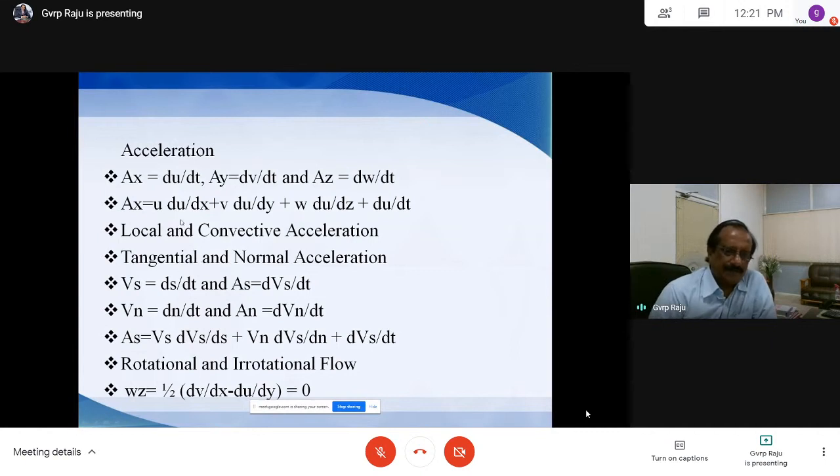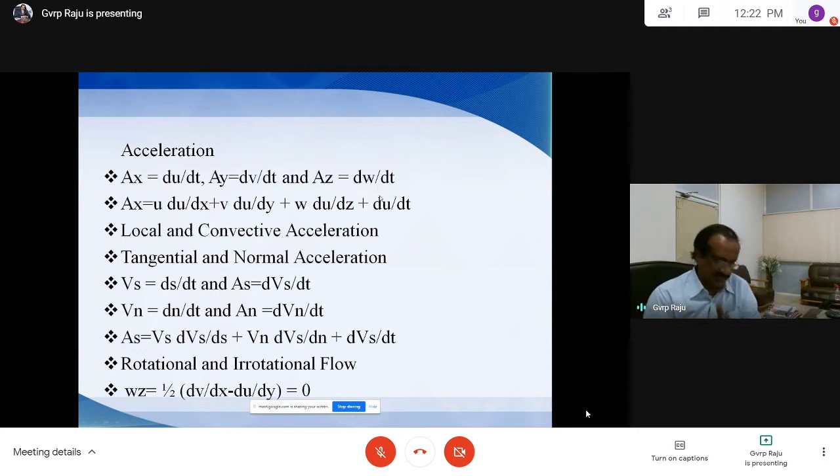So here, if you see, this is the change of velocity with reference to directions x, y and z, that is, with reference to distance, and this is the change of velocity with reference to time.